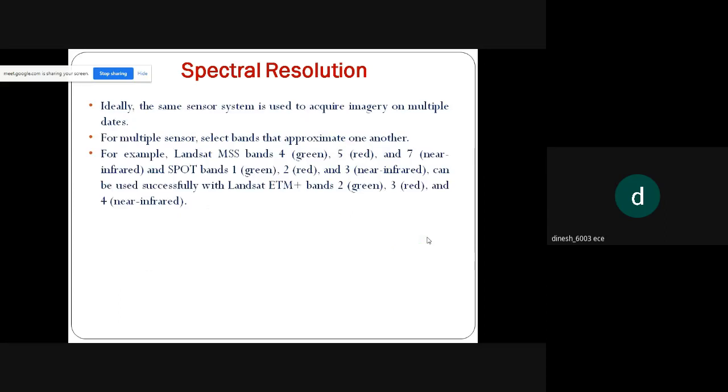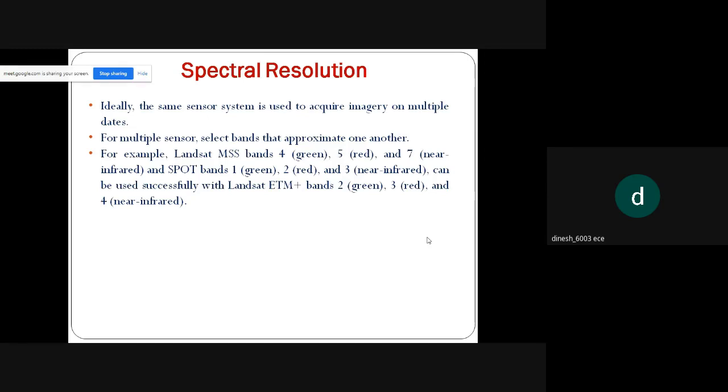So ideally, the same sensor system is used to acquire imagery on multiple dates. For multiple sensors, we use a select banding option that approximates one sensor with another sensor. So for example, Landsat MSS uses band 4 green, 5 red, and 7 infrared bands.